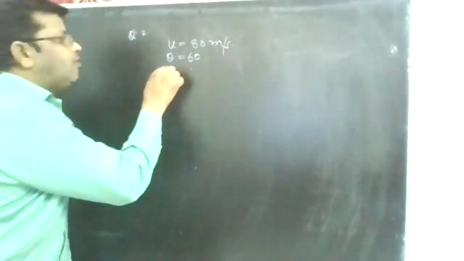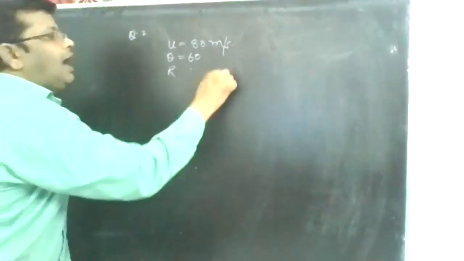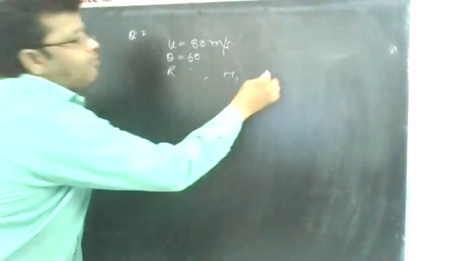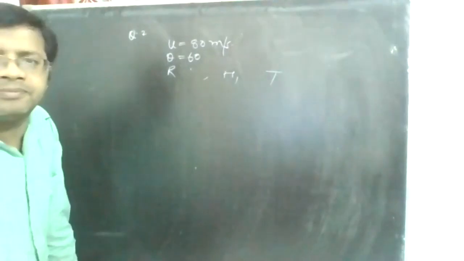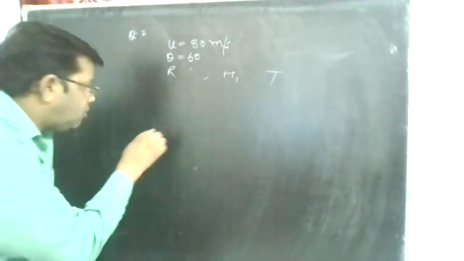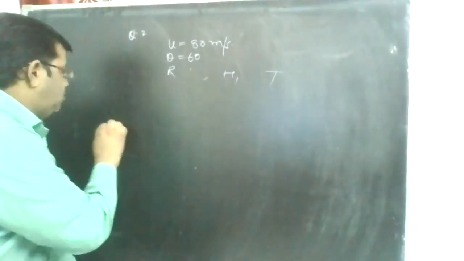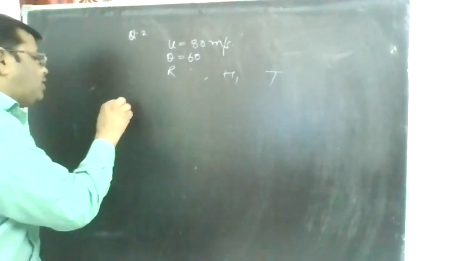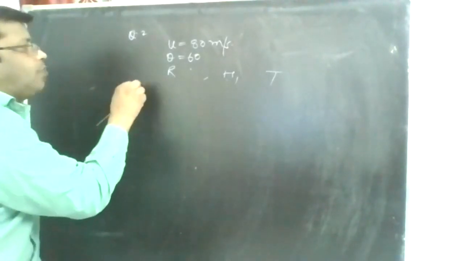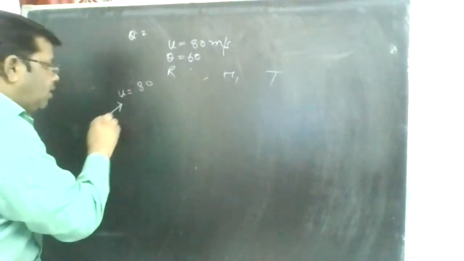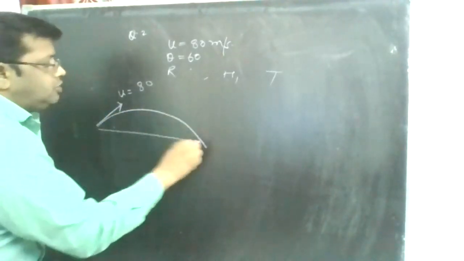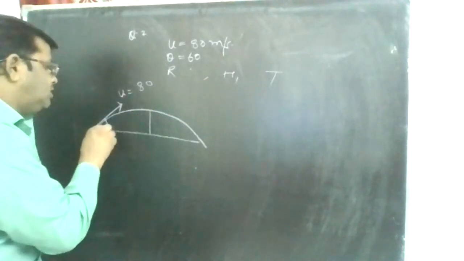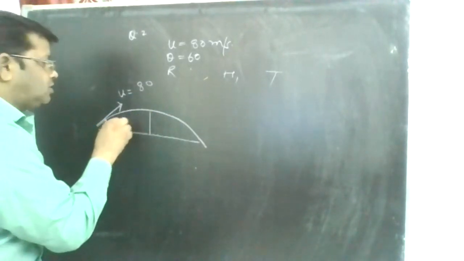Determine the range, height, and time of flight of the projectile. First try to draw the diagram. U is 80, this is the range, this is the maximum height, and this is angle theta, given as 60.